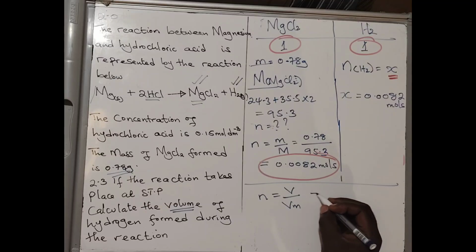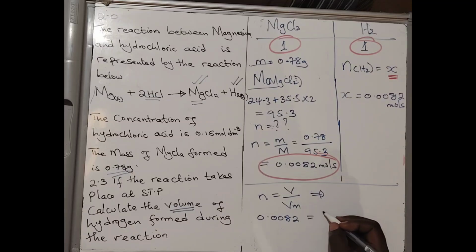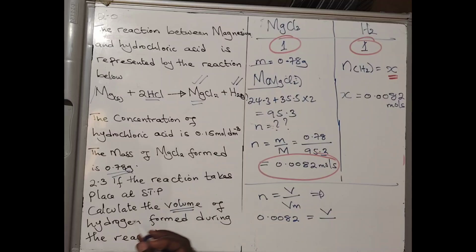So in this case, what do we have? The number of moles is known. It is 0.0082. And the volume is needed. But remember, we said that the reaction took place at STP. At standard temperature and pressure, the molar volume is 22.4.